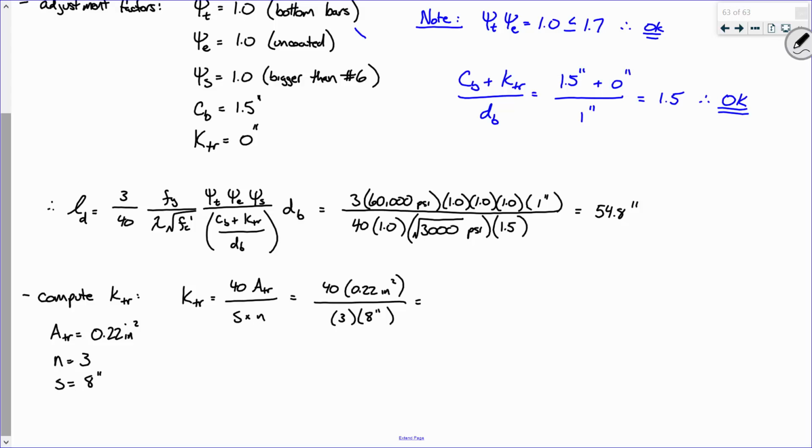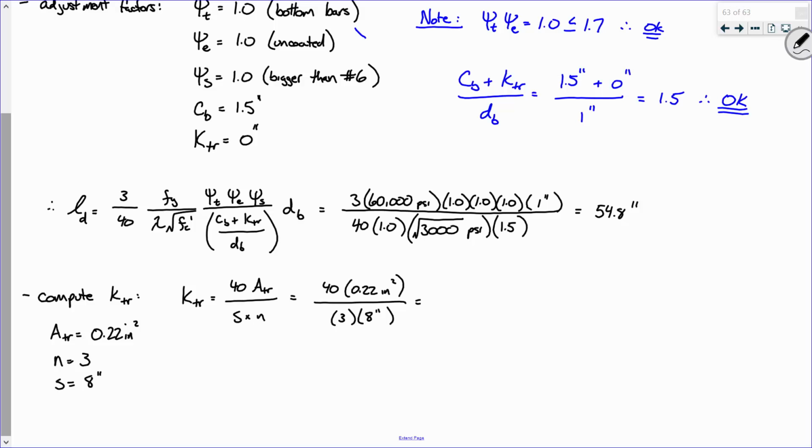On the side of conservatism, what would you use? Use a 12. Yep, larger stirrup spacing provides less confinement. So just be conservative. At the start of the beam, you could use the 2 inches, but that is just to get the stirrup layout started. I would just go with the 8. Make sense? All right.